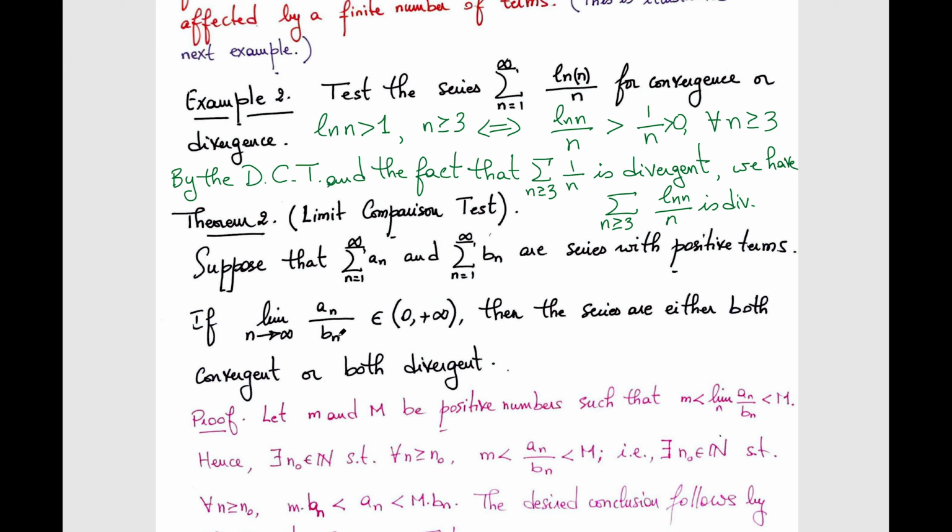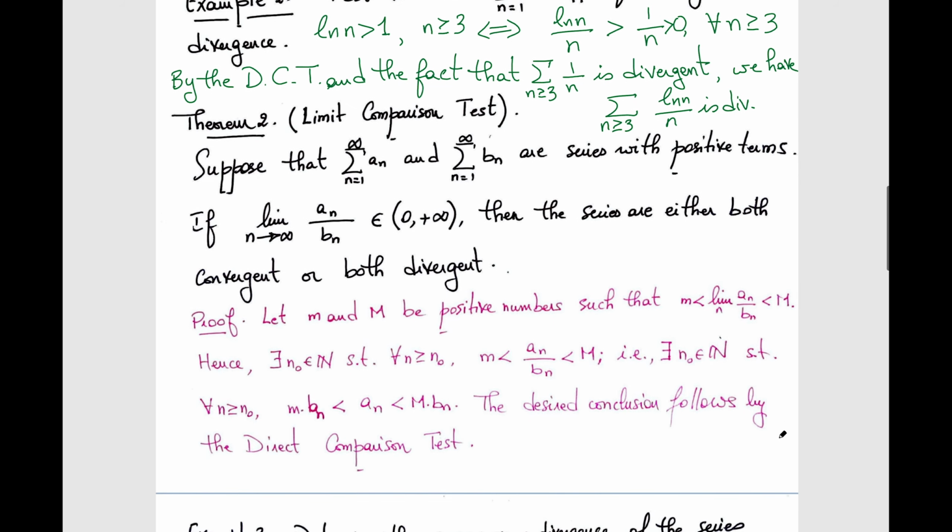So suppose this limit is somewhere between 0 and infinity, excluding 0, excluding infinity. Then the two series, this series whose terms are a_n and this series whose terms are b_n, are of the same nature. Either they both converge or they both diverge.